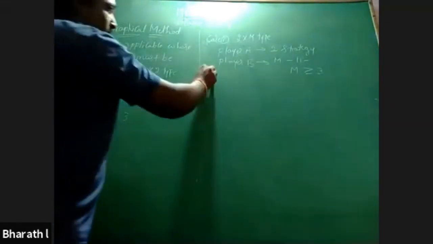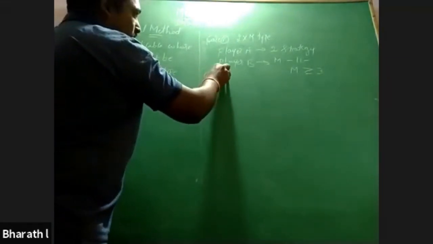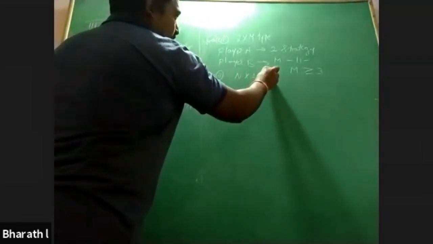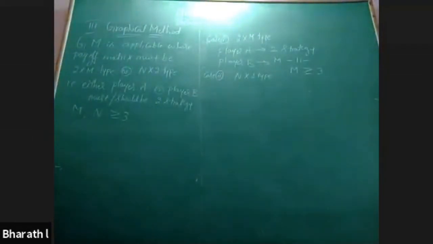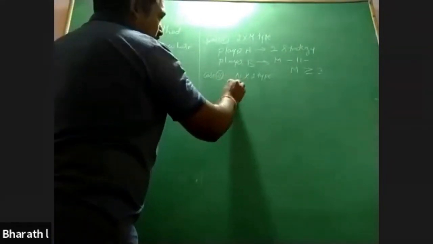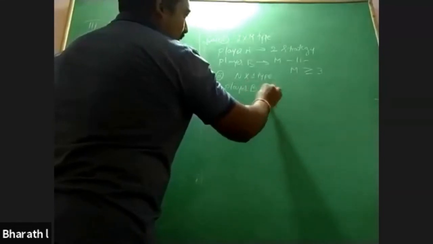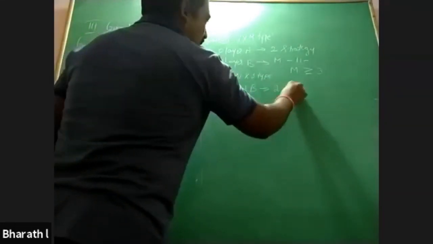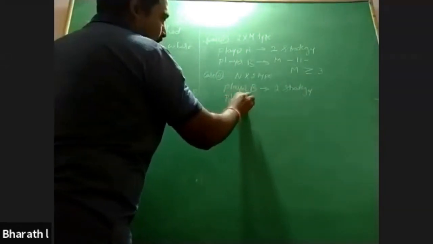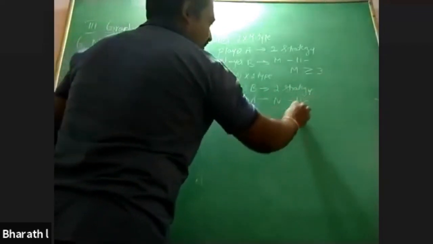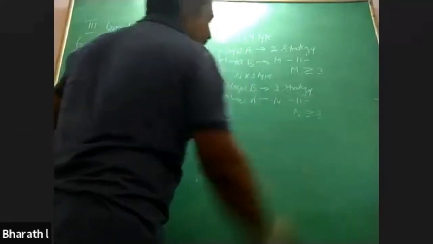The next case, case 2, N cross 2 type. Here, player B has two strategies, whereas player A has N strategies, where the N value is greater than or equal to 3.